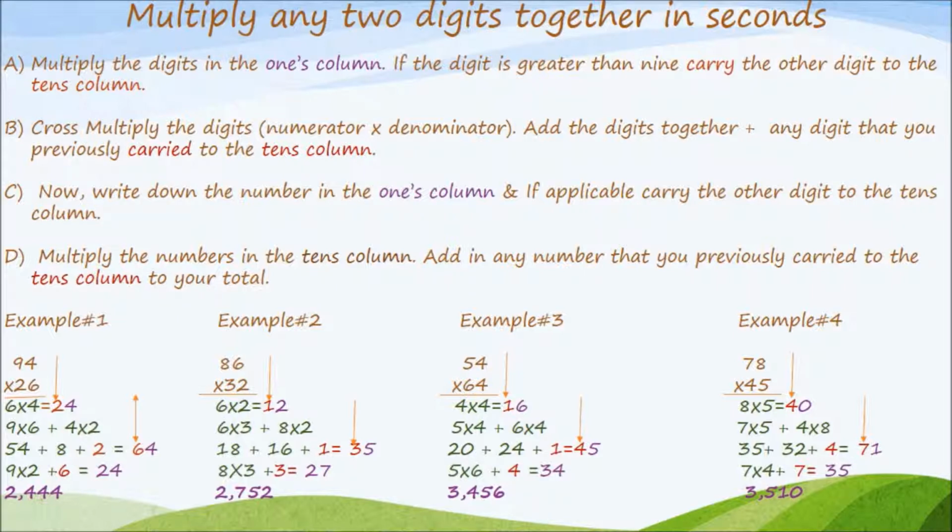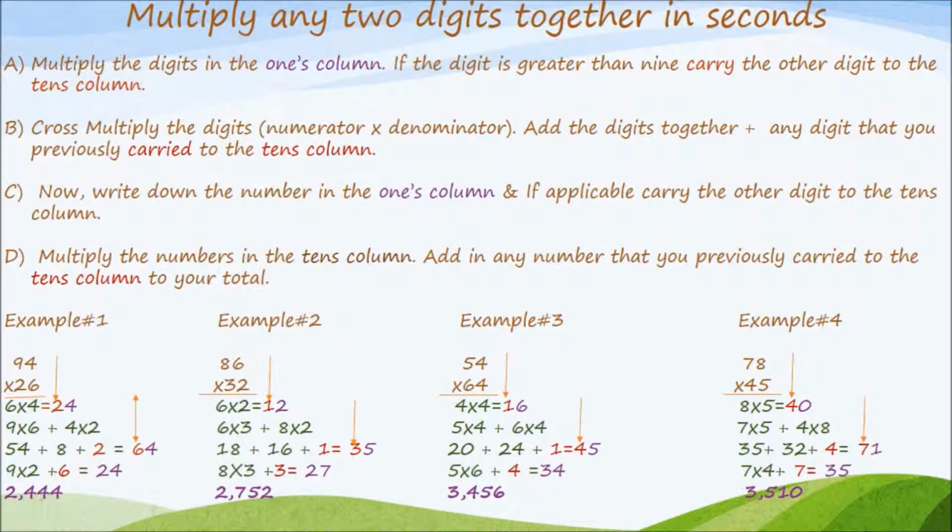Now let's combine all our digits together. So further to the left, we're going to bring down 34. Next, we'll bring down the 5 that we obtained. And finally, the 6. Final answer, 3,456.